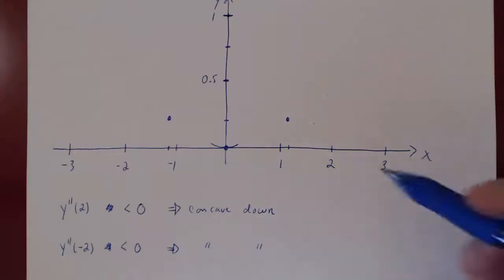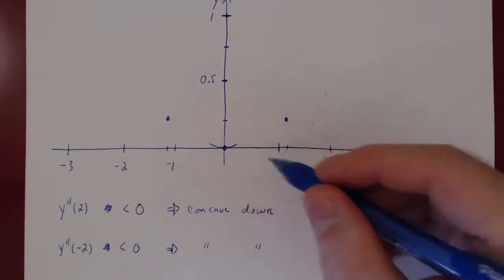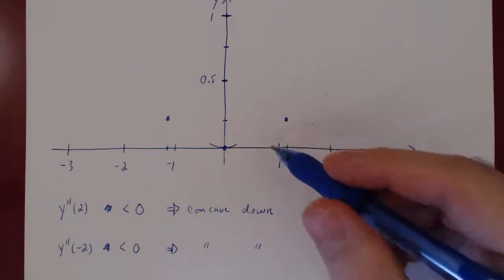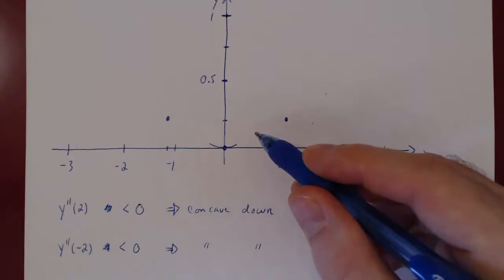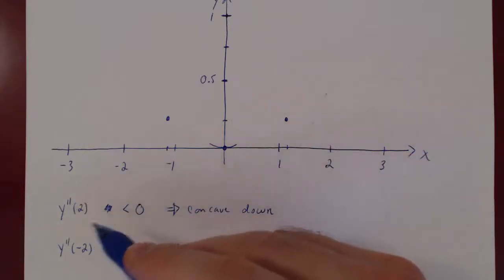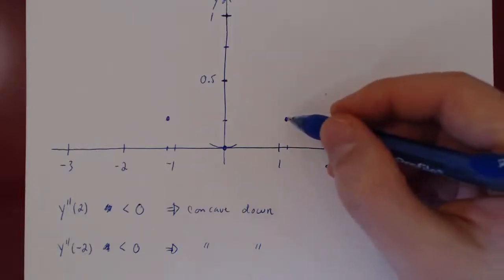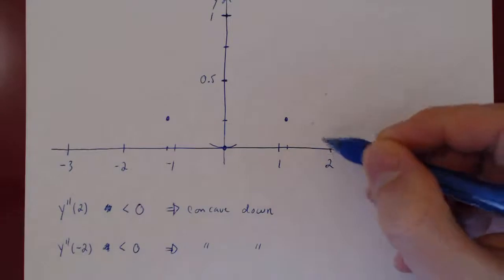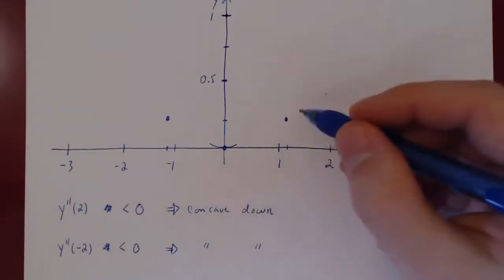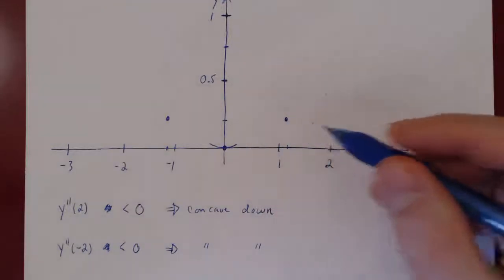So now we can look up and see, well, if you look to the left of this point, we know the curve is concave up, and at positive 2, sorry, the curve is concave down. So this will be a real point of inflection. To the right of our point, the curve is concave down, but to the left of our point, the curve is concave up.